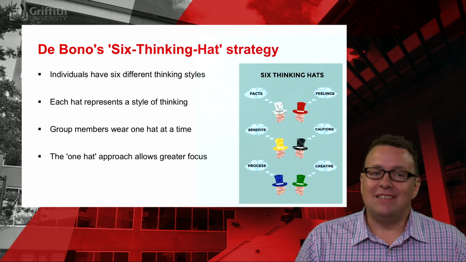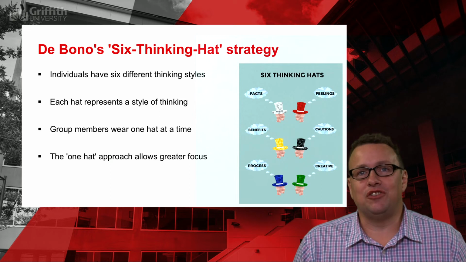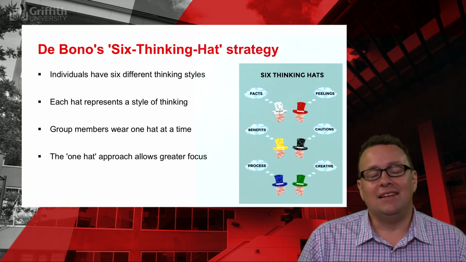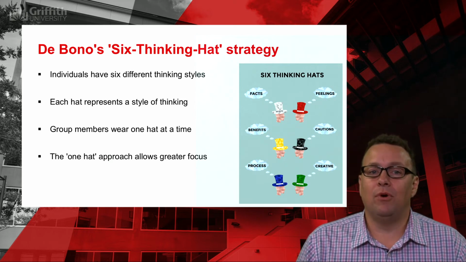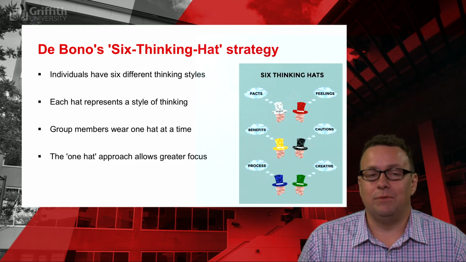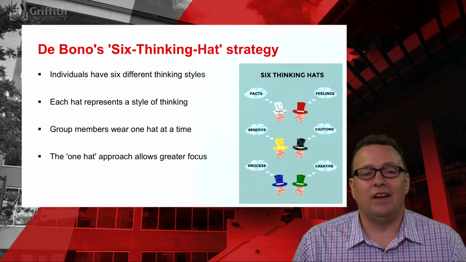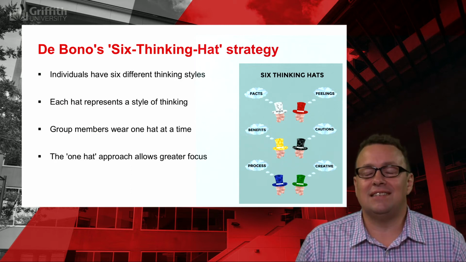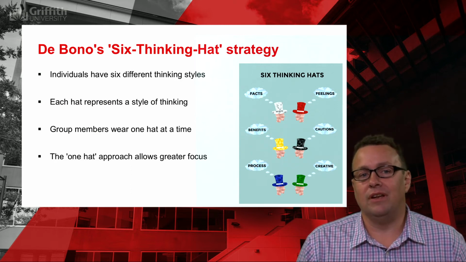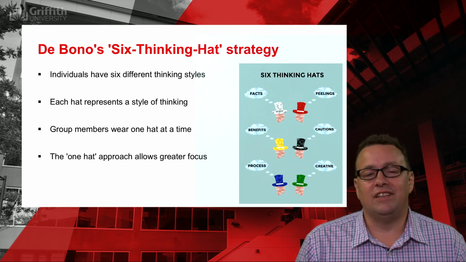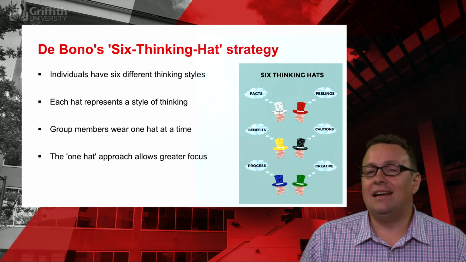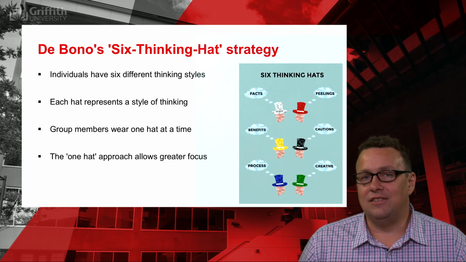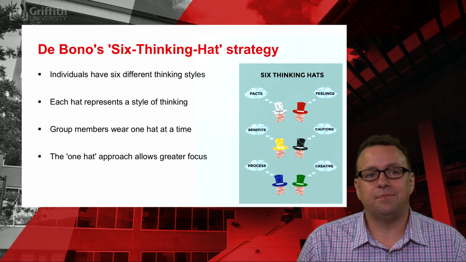So finally, we have the 6 thinking hats strategy by Edward de Bono. Now, 6 thinking hats was a book written by the British physician and psychologist Edward de Bono in the mid-1980s. The idea from this book is that every individual has 6 different thinking styles they employ, with each of the thinking styles identified by a different coloured hat, as evidenced in the diagram there on the slides.